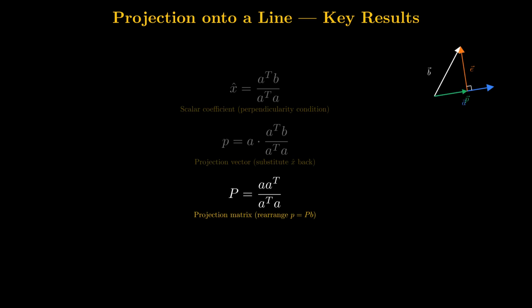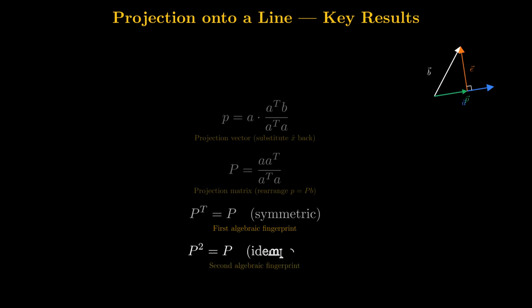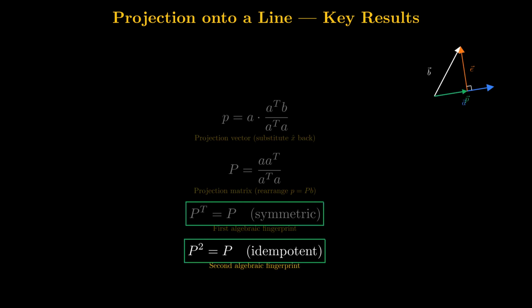That matrix carries two algebraic fingerprints. First, P transpose equals P, meaning it is symmetric. Second, P squared equals P, meaning it is idempotent. These are not coincidences. They characterize all orthogonal projection matrices in any dimension.